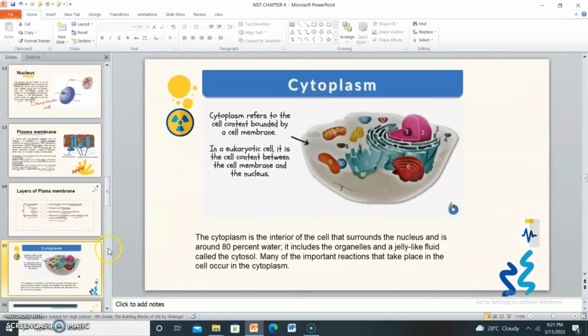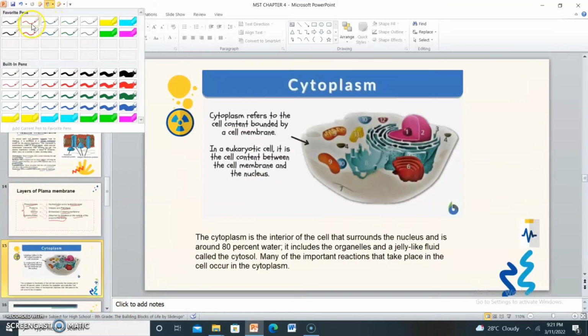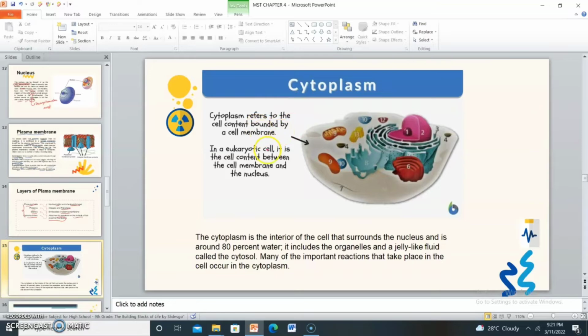The next one is the cytoplasm. So cytoplasm refers to the cell content bounded by the cell membrane. In eukaryotic cells, it is the content between the cell membrane and the nucleus.